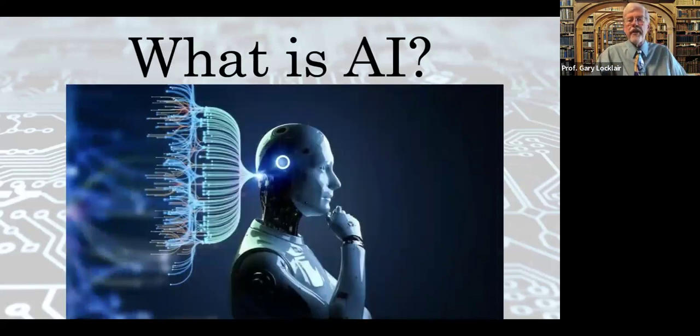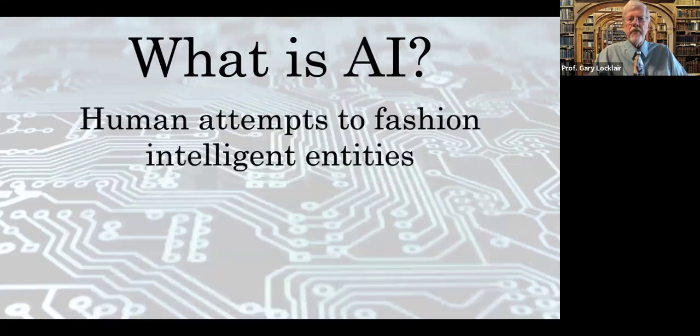What is artificial intelligence? In this series, I've had three talking points, and I still believe that these are valid. First of all, AI is human attempts to fashion intelligent entities. In the beginning, God created human beings, and he instilled in them some intelligence, God-given intelligence.